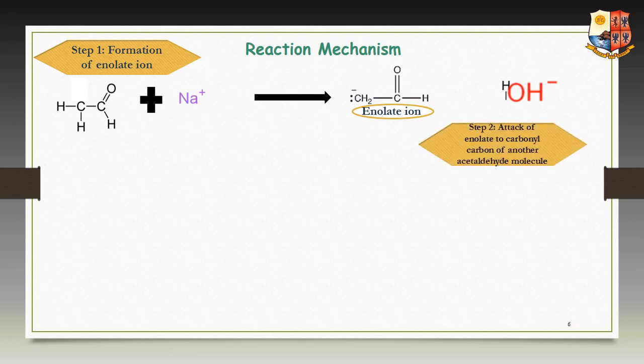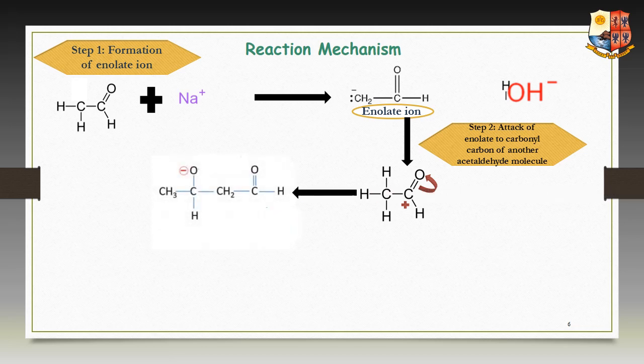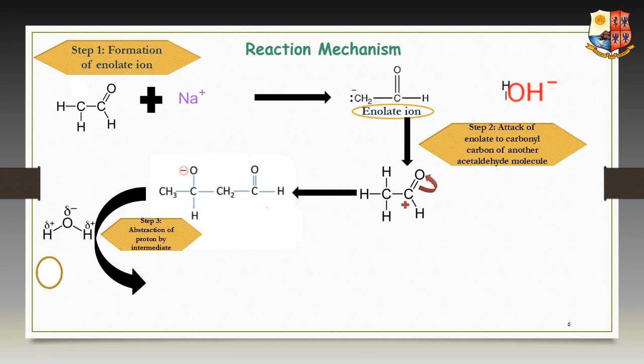The electron-rich enolate ion now attacks the relatively positive carbonyl carbon of another acetaldehyde molecule, forming an alkoxide intermediate. Step 3. The alkoxide intermediate abstracts a proton from the water molecule in the dilute alkali, forming 3-hydroxybutanal.